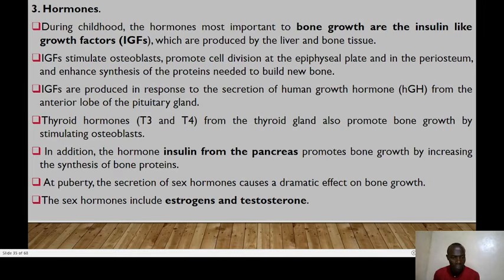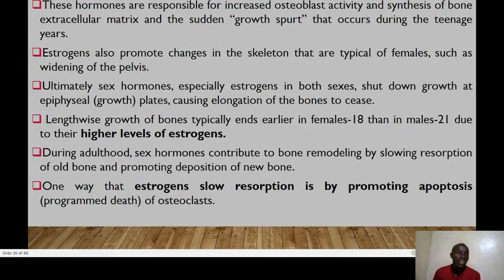bone proteins. At puberty, the secretion of sex hormones causes a dramatic effect on bone growth. The sex hormones include estrogens and testosterone. Okay? So these hormones are responsible for increased osteoblastic activity and synthesis of bone extracellular matrix and the sudden growth spurt that occurs during teenage years.